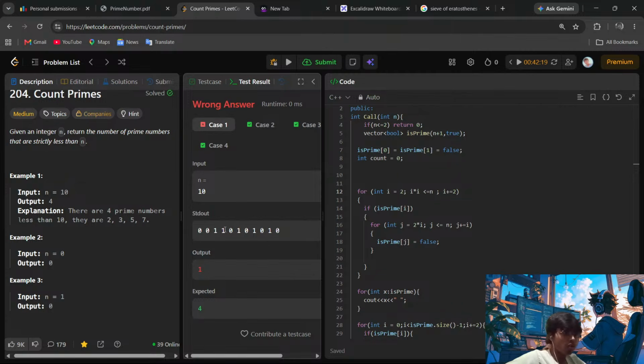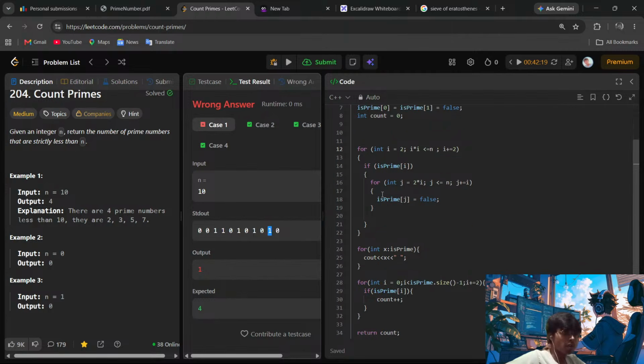So this is basically a 2 and 3, 5, and this is 7, and this is 9. How will 9 be a prime number? 9 is not a prime number, and J is equals to I into I. And 2 in I, I've already written it, right?